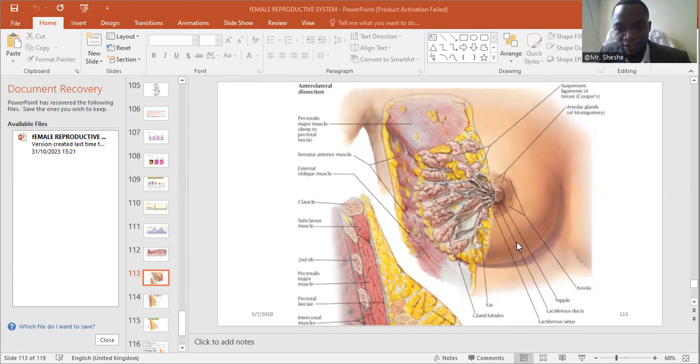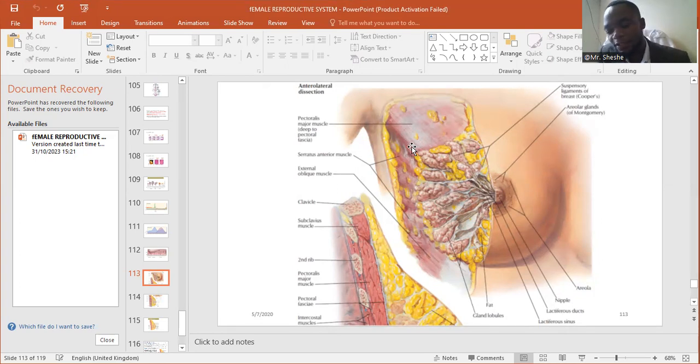Next is that the breast has the body. This is a body that you are seeing, or the mass of the breast itself. In addition, the breast has a tail. So this is the tail of the breast. So the breast goes all the way closer to the axilla. You can see those lobules. These are lobules of the breast tissue and slightly go into the axilla.